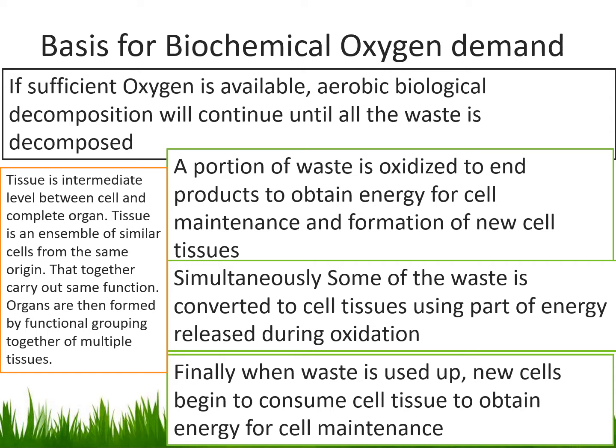Now, in the context of cell growth curve, please read the last line. Finally, when waste is used up, now the food has ended, new cells begin to consume cell tissue to obtain energy for cell maintenance. That means it is hindering the growth of new microorganisms.